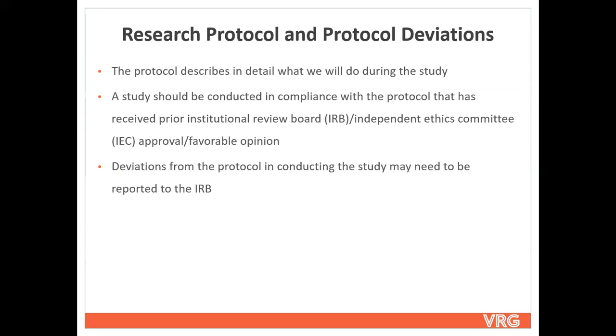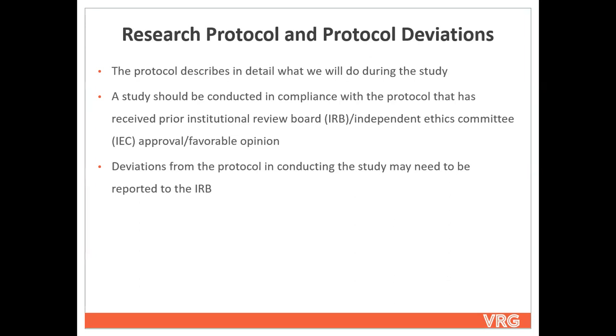So the research protocol is basically your Bible for conducting a study. You want to follow it step by step and exactly the way it's written. However, sometimes things don't go as planned, and if things happen that aren't exactly the way that they're supposed to be done, we speak of protocol deviations.